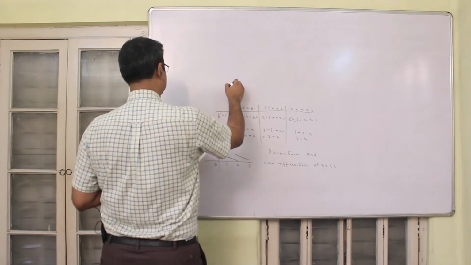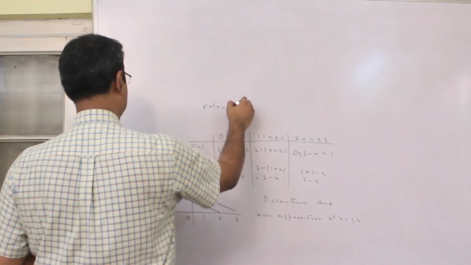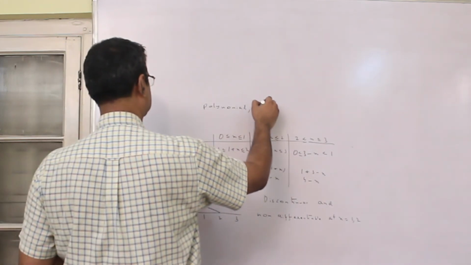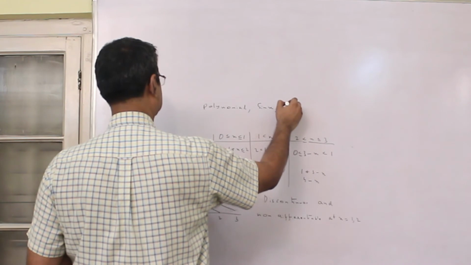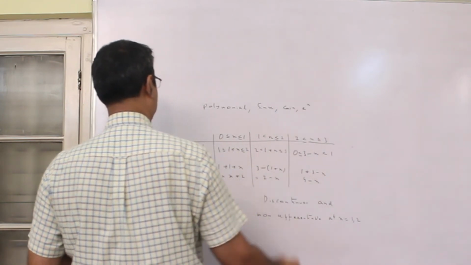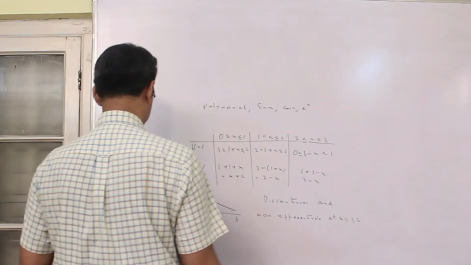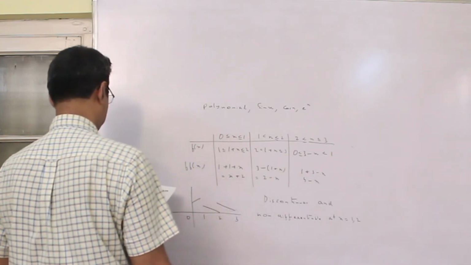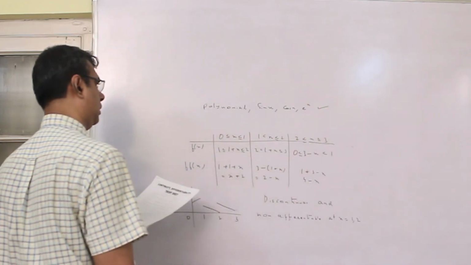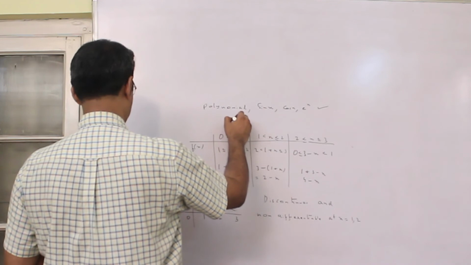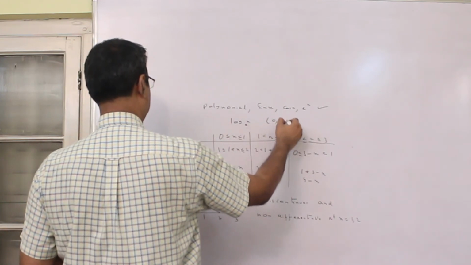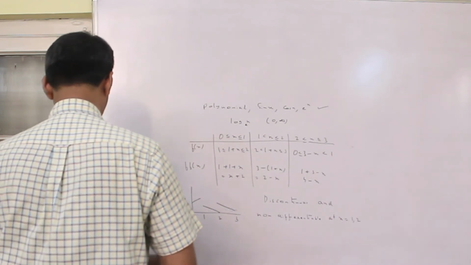Certain functions, like any polynomial, then sine function, cos function, e to the power x, they are always continuous and always differentiable. Log x is continuous and differentiable, but only from 0 to infinity.